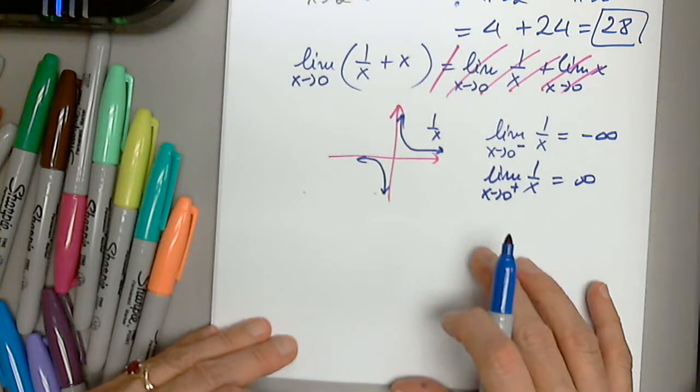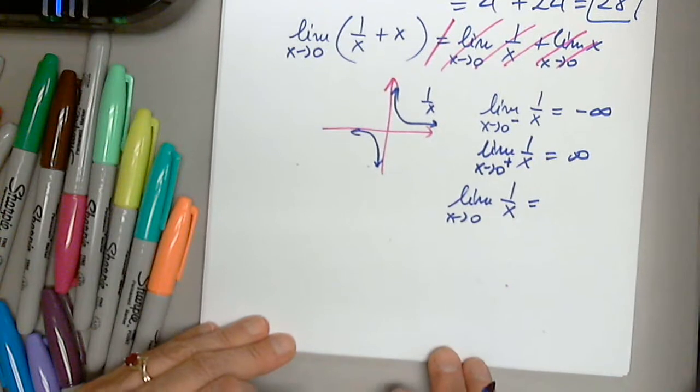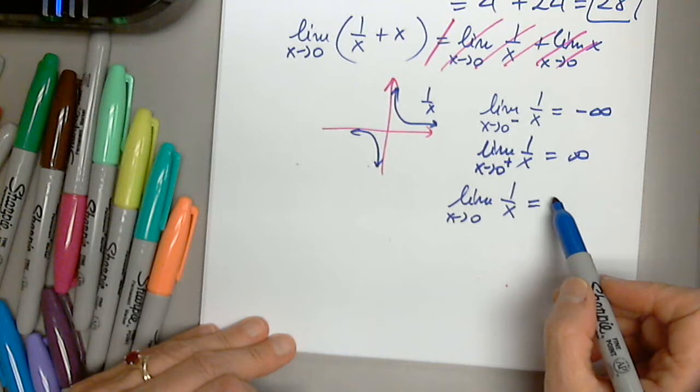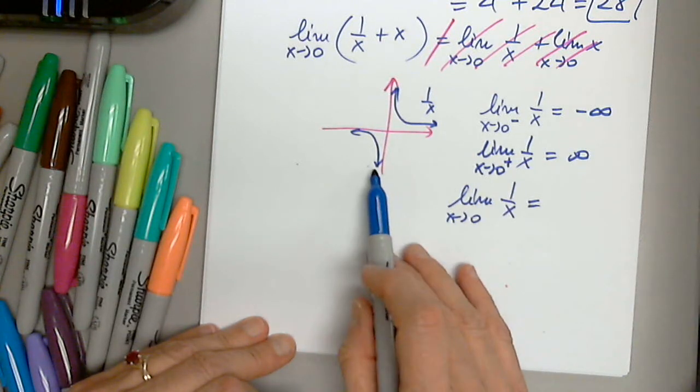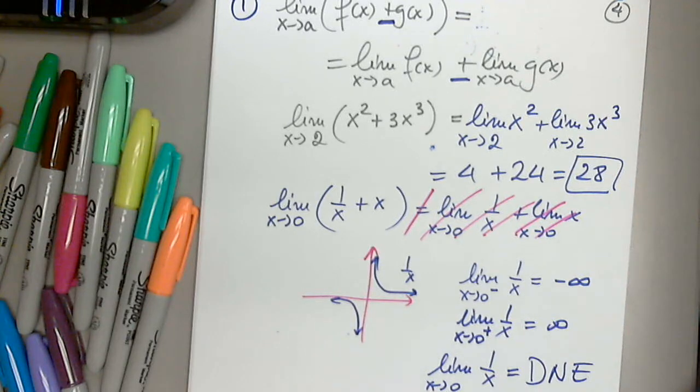Therefore, the limit of 1 over x as x approaches 0 from either side must be does not exist. Perfect. So this limit does not fulfill the conditions of the limit law. I cannot split it into two limits. I cannot say the limit of the first plus the limit of the second. Why? Because the limit of the first one does not exist, even if the second one has a limit of 0, which is a number.